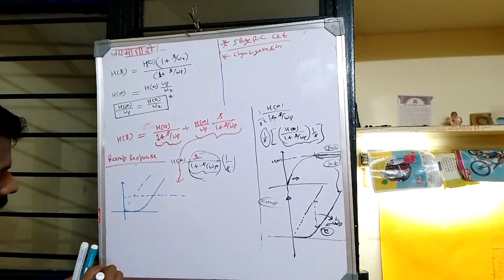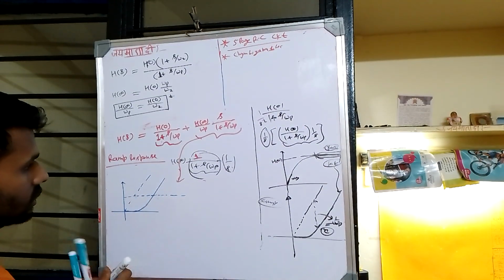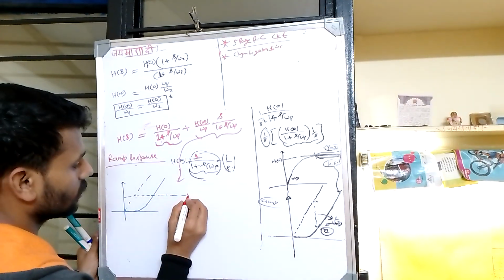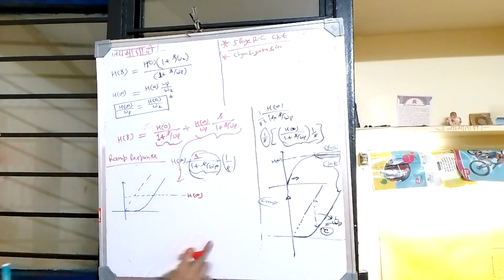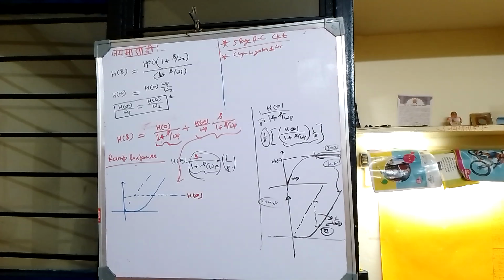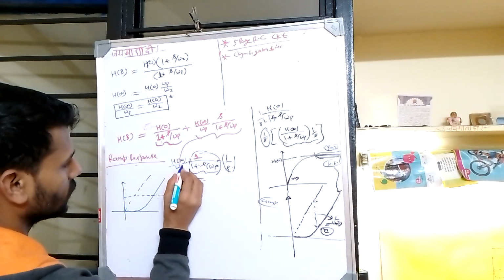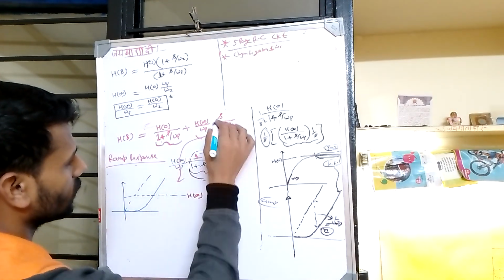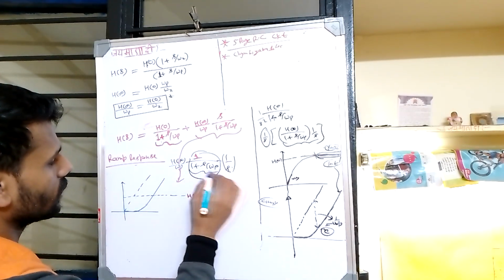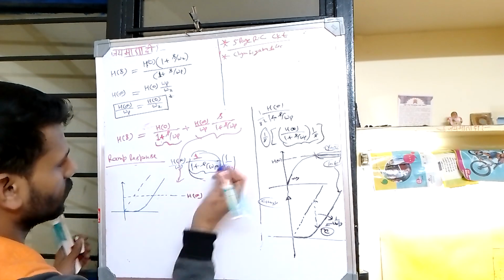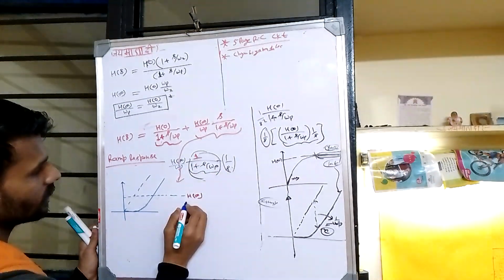Let us suppose this is h of infinity. It was, I think, h of infinity upon omega p. Okay, so this is h of infinity.